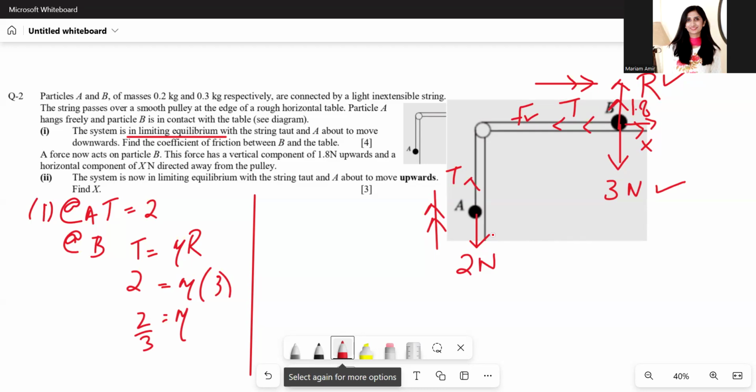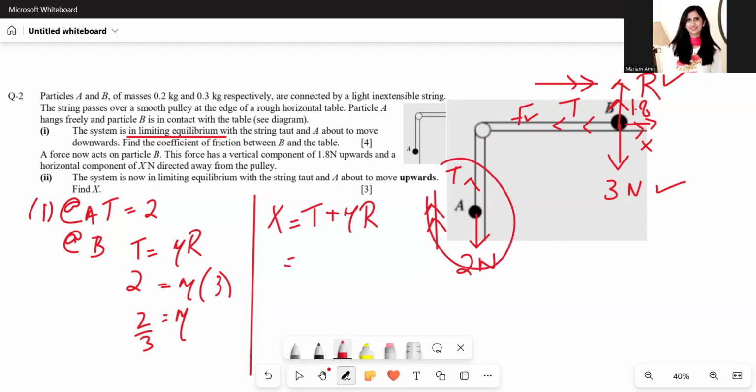So x is equal to the tension in the string plus mu R. Now the tension is 2 from here again.